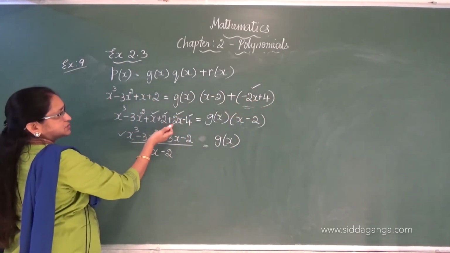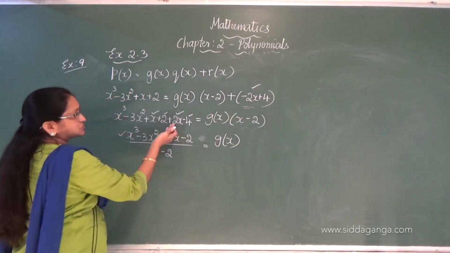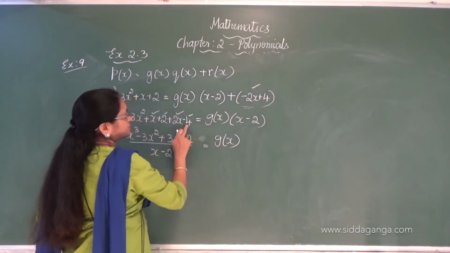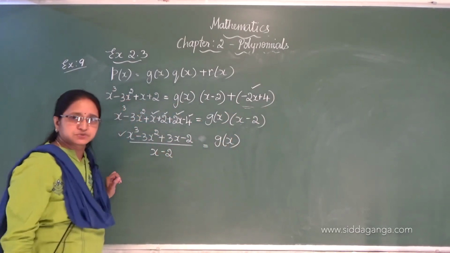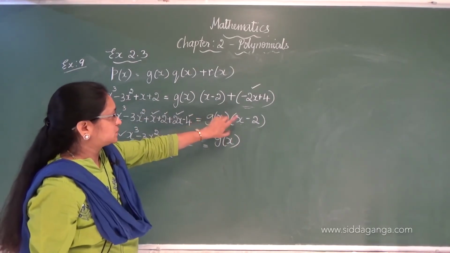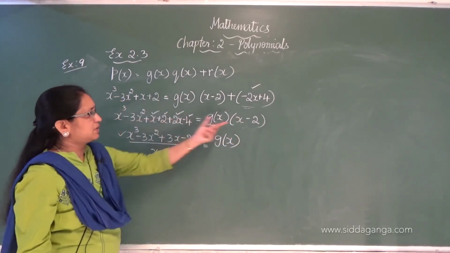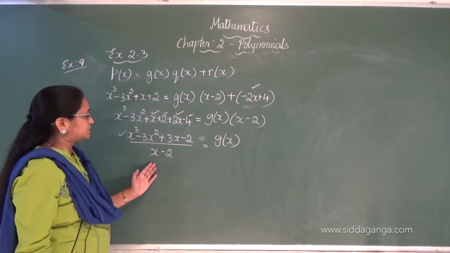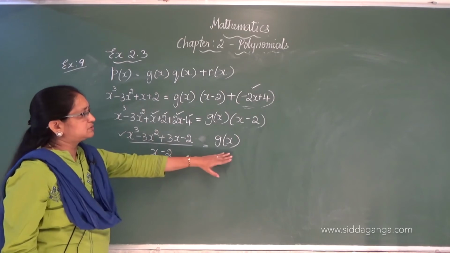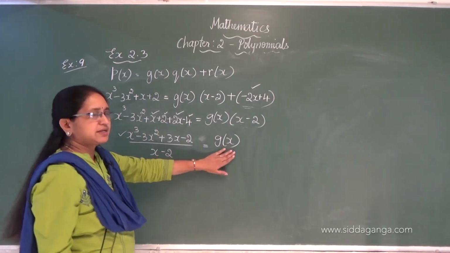When it comes to the other side, this will become plus 2x, and plus 4 will become minus 4, which is equal to g of x into x minus 2. Now I want to find out g of x, so I will divide the whole polynomial by x minus 2. Now this is a simple division. When we do the division, you will get the value of g of x.